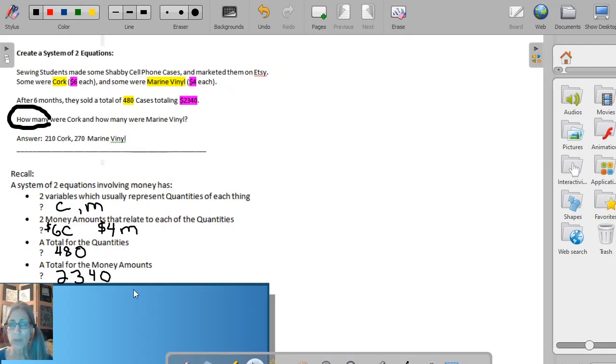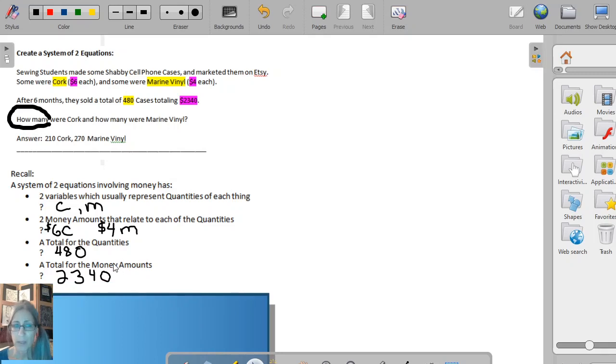So once we have all of those items filled in that were given and what they want us to find, I think that we have enough now to go ahead and create our systems. So let's create our first equation just simply out of our variables and our total.